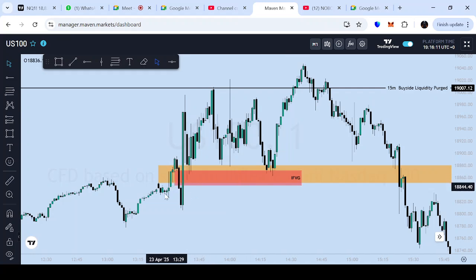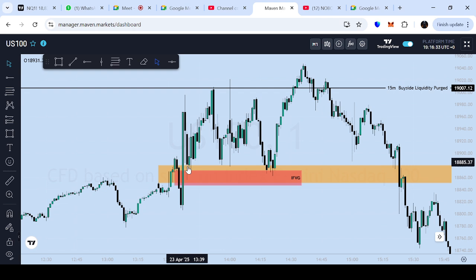Here is a high and here is a low. Then we have a lower low, taking out this high here. This is a unicorn setup, ICT unicorn setup, after a breaker above, the first fair value gap price created. You wait for price to trade inside that fair value gap.